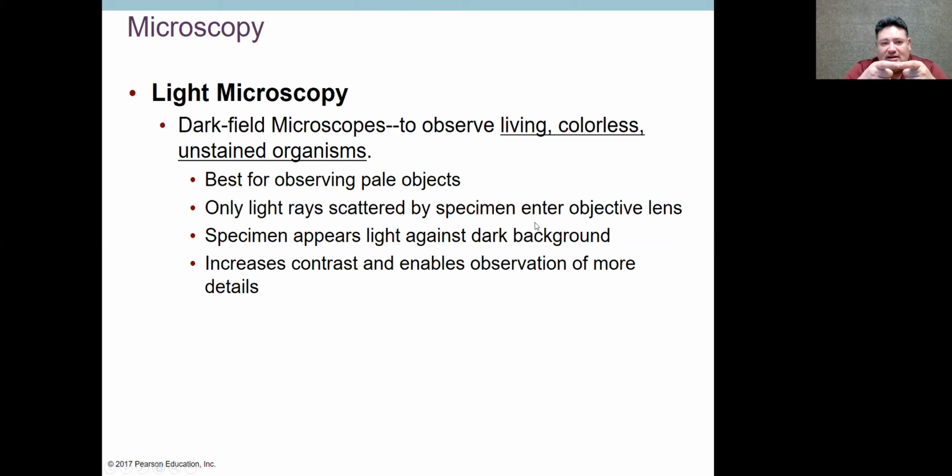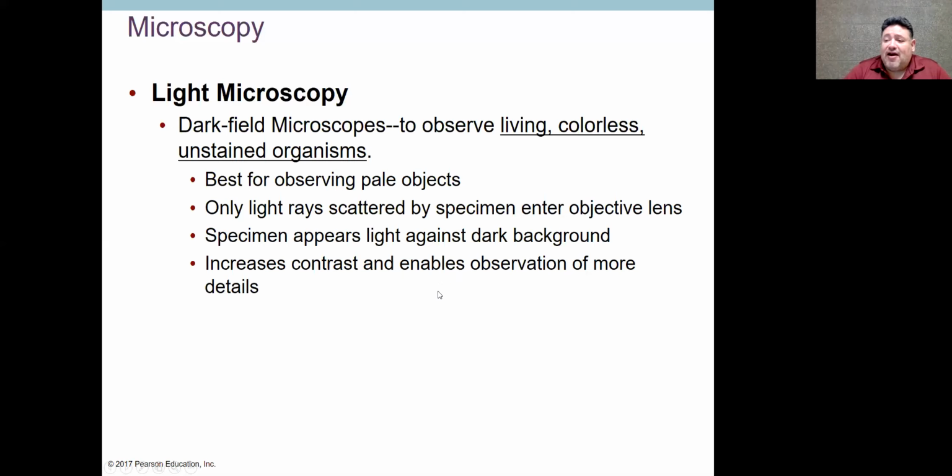Everything inside of it does not make it into the objective. Okay, this is desirable when you need a high contrast image because you're looking at something that is very pale and because it's alive. Now, I am not fond of dark field microscopes.